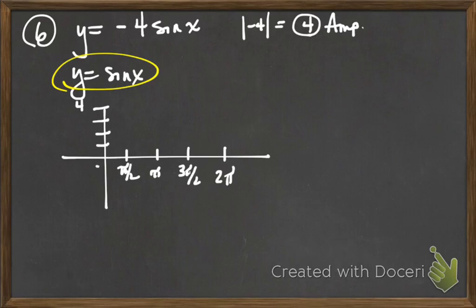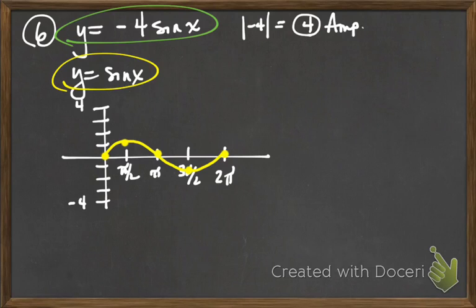It's as high as I have to go. 1, 2, 3, 4 is as low as I have to go. So for y equals sine of x in yellow, it's going to look like this. This is the third time we've graphed it. So there's your original graph.